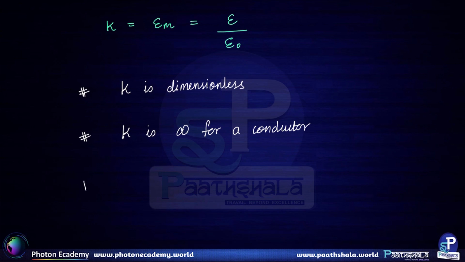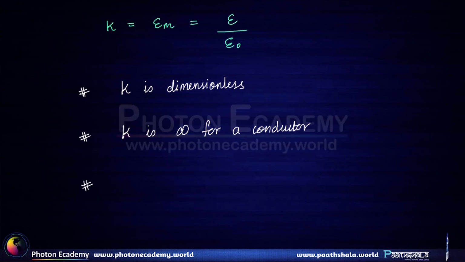Higher the value of K, less is the number of electrostatic lines that pass through a conductor. When K becomes infinity for the conductor, electrostatic lines become 0, and higher the value of K, lesser is the number of electrostatic lines that pass through that particular medium.